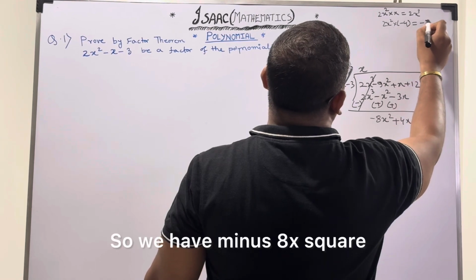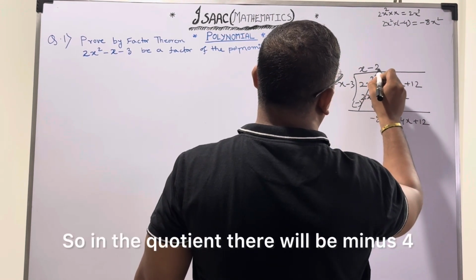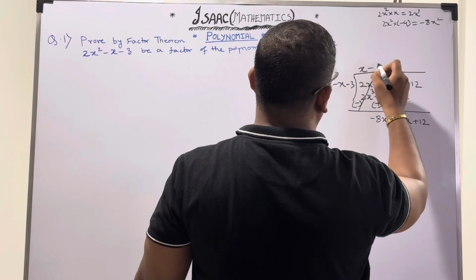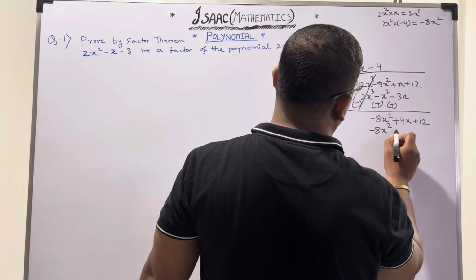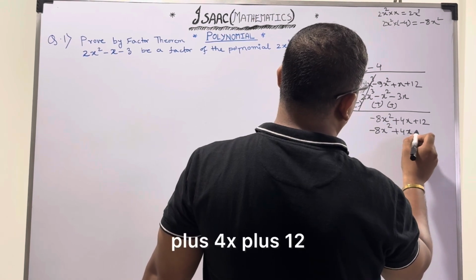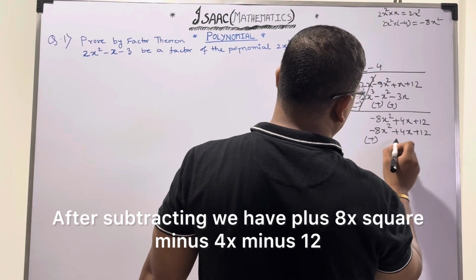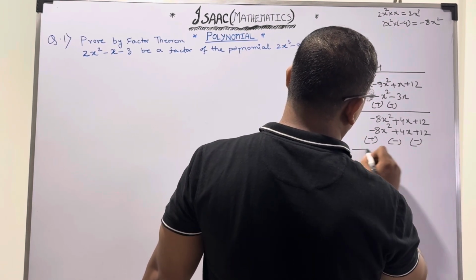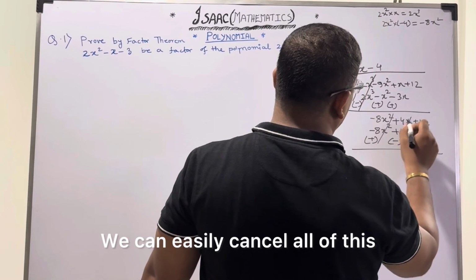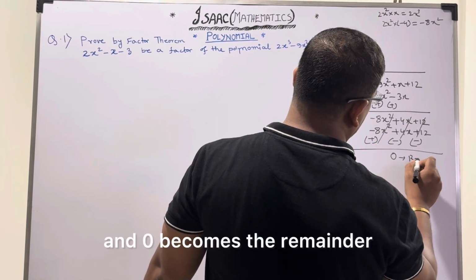So we have minus 8x square, and in the quotient there will be minus 4. So minus 8x square plus 4x plus 12. After subtracting we have plus 8x square minus 4x minus 12. We cancel everything and 0 becomes the remainder.